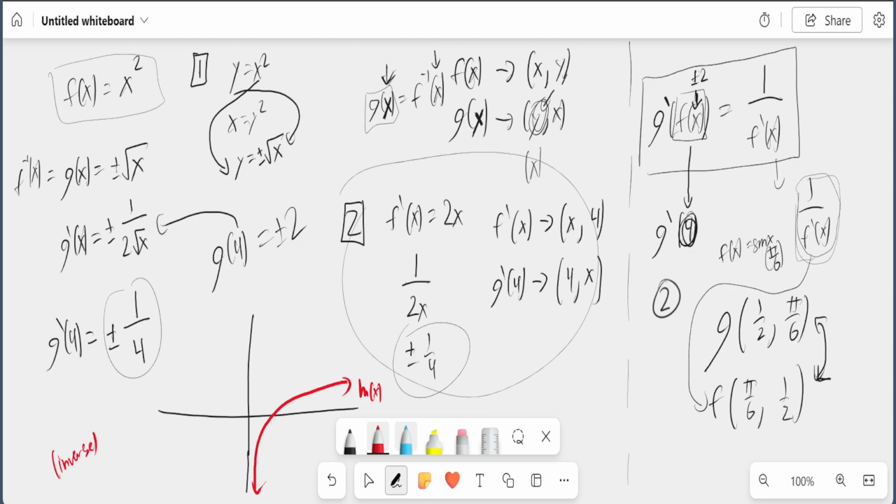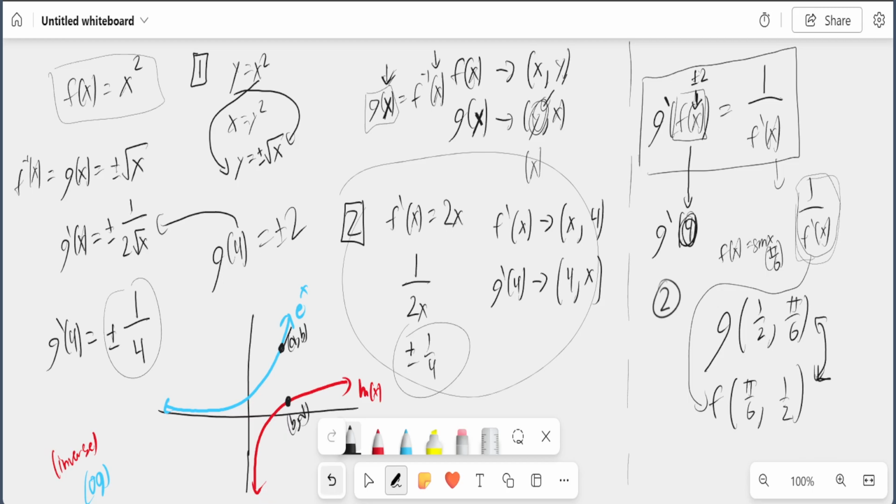And this is e to the x, and that's our original. Let's say we have a point A, B. The corresponding point on our inverse will be B, A, right?